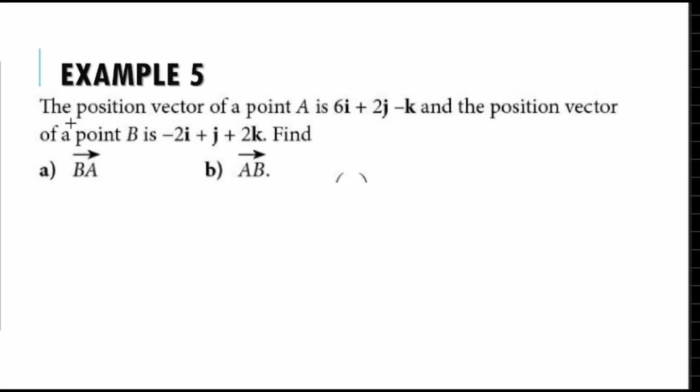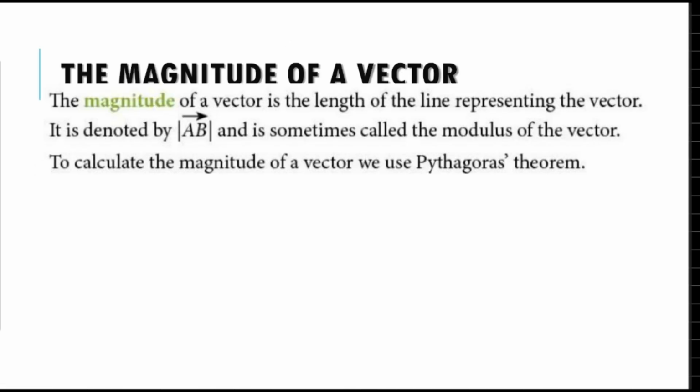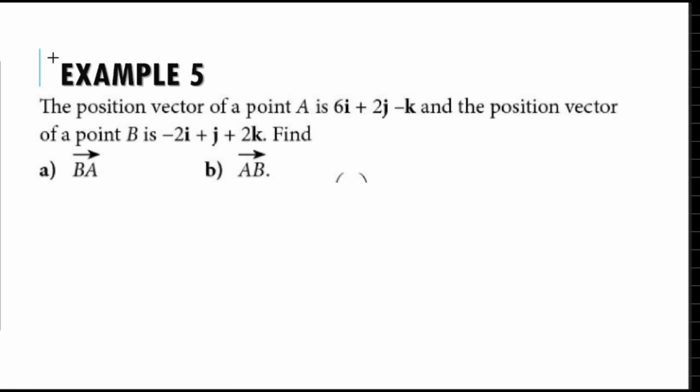Example 5. The position vector of a point A is 6i plus 2j minus k, and the position vector of a point B is minus 2i plus j plus 2k, okay? So find BA and AB. So let's see how many examples we have left here, okay? So let's just take one question there and leave it.